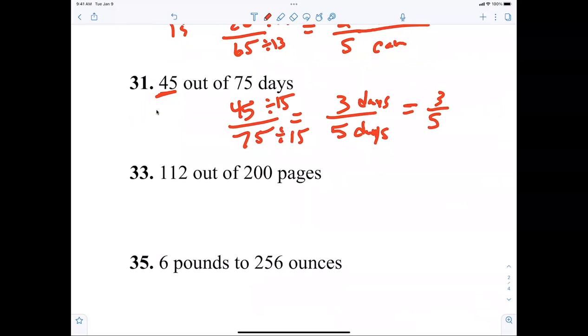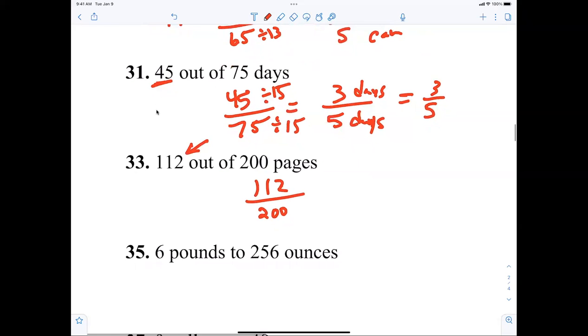All right, so let's just go ahead and do that together. 112 out of. Oh, no, that's what I'm saying, but I'm just gonna go ahead and make it out of pages. If it was a different unit, they would put it in there. No, actually, I did not. It comes from the book. All right, these are the prompts out of the book.